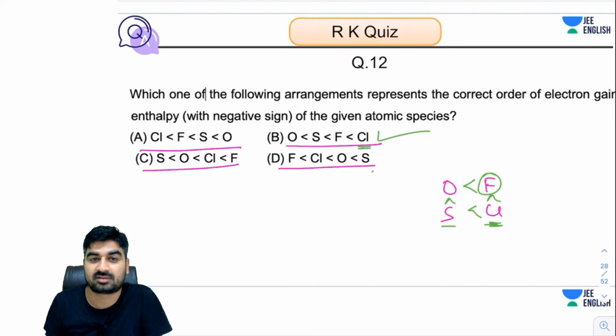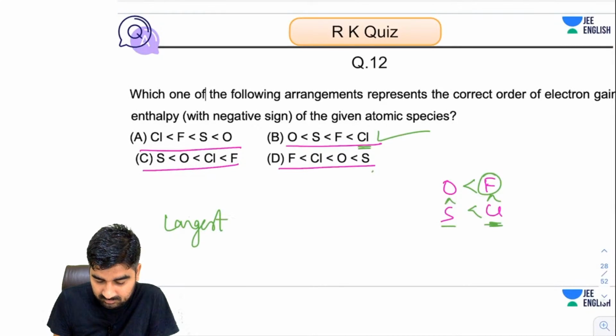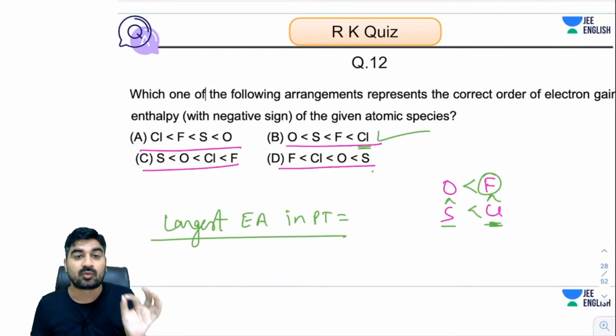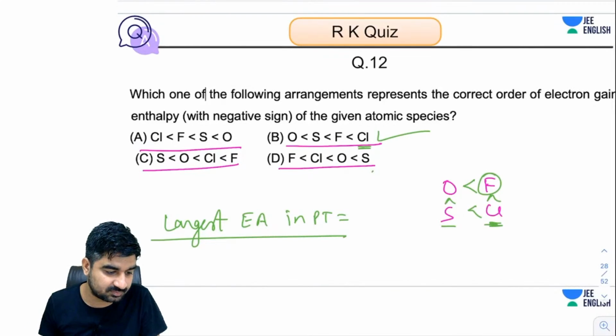Very important. Which element has the largest electron affinity in the periodic table? Which element? Tell me. Okay, Sandeep, I will discuss.